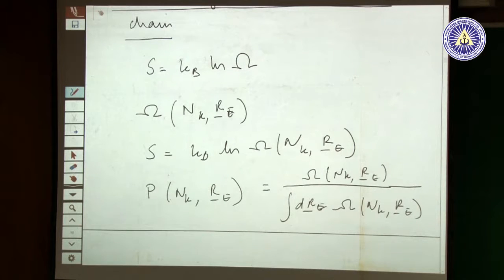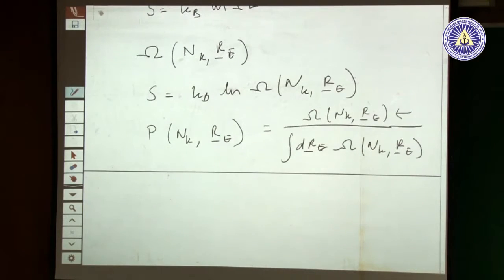That is just the probability by a frequency definition: the number of times this event occurs by the total number of all events. And what are all the events? Well, I have a chain with nk Kuhn steps, and Re can take any possible value. That is the complete space you have. Of that, what fraction have got this end to end vector that I am interested in, Re. So, that is the definition of the probability.